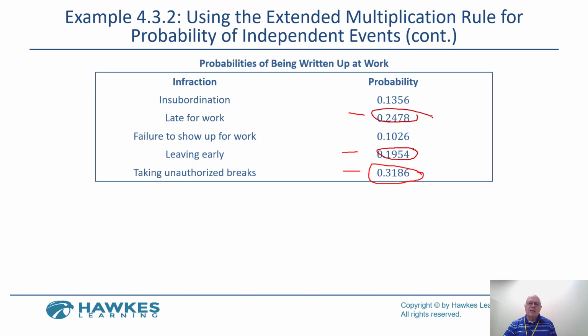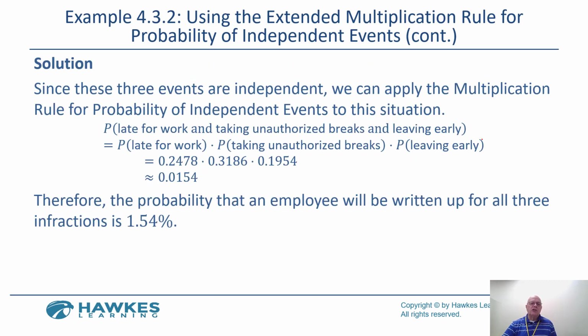Since the question said that they're independent events, we can just multiply all three probabilities to get the probability that an employee is written up for all three of the infractions. Do you think that employee is going to get fired? We'll see, I guess.